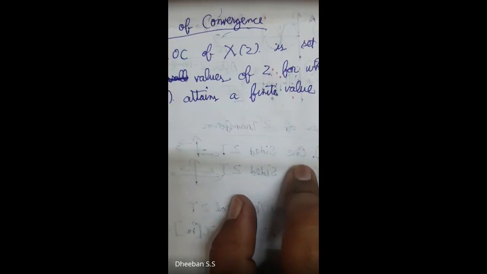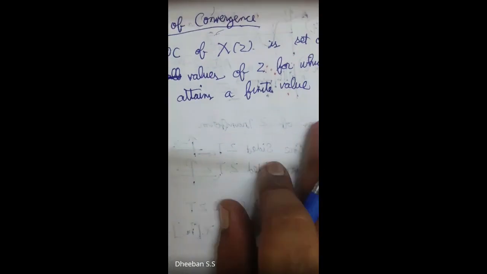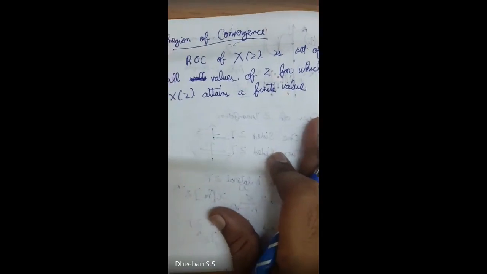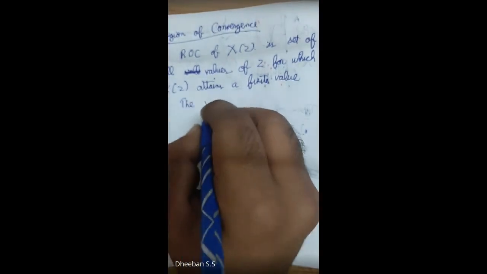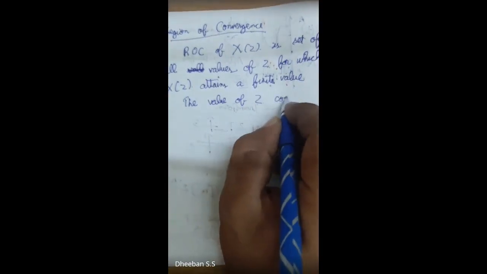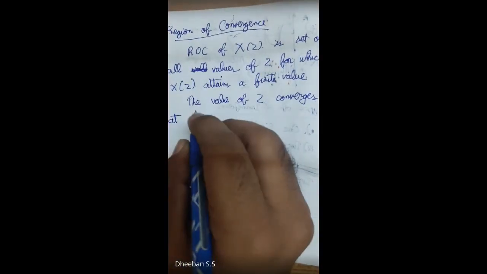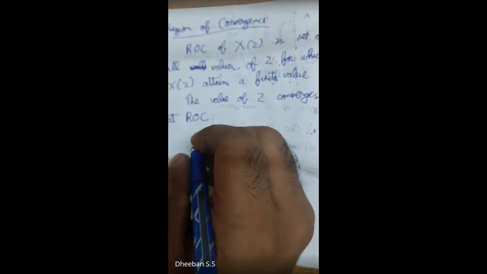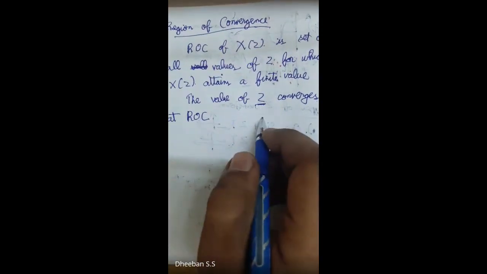The ROC of x of z is nothing but the values of z for which x of z attains a finite value. The value of z converges at the ROC. That is, the value of z will be within this region of convergence.